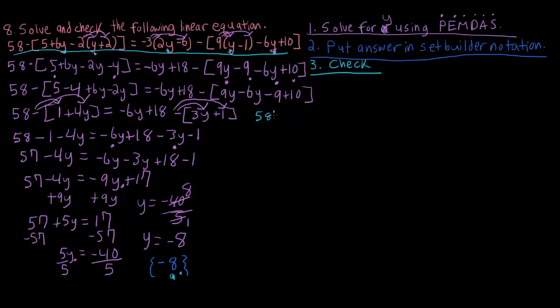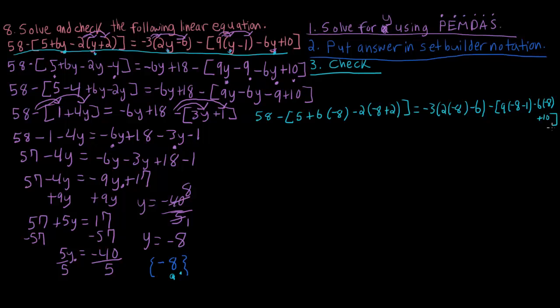So we have 58 minus 5 plus 6, negative 8, minus 2, negative 8, plus 2 equals negative 3, 2, negative 8 in parentheses, minus 6, I'm running out of space, but minus 9, negative 8, minus 1, minus 6, negative 8, we're running out of space, negative 8, and we'll just put plus 10, bracket on the bottom.